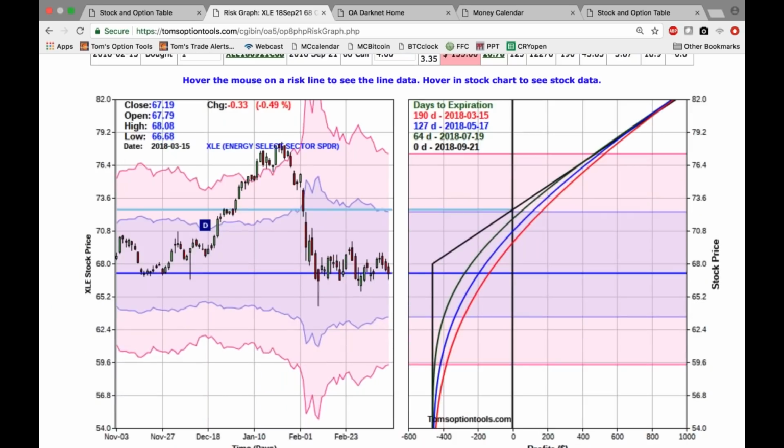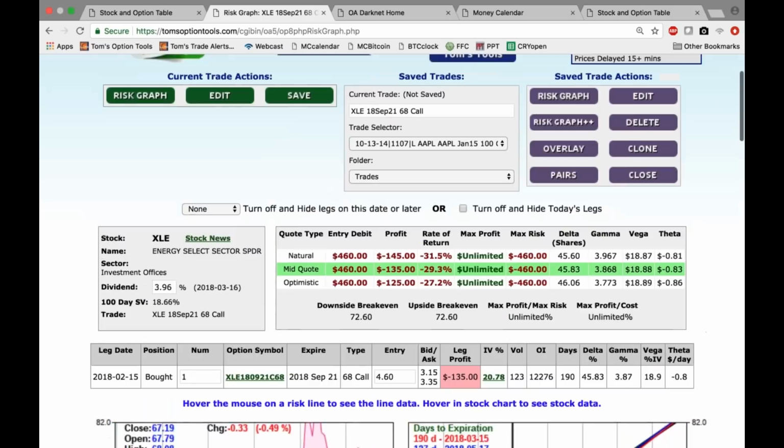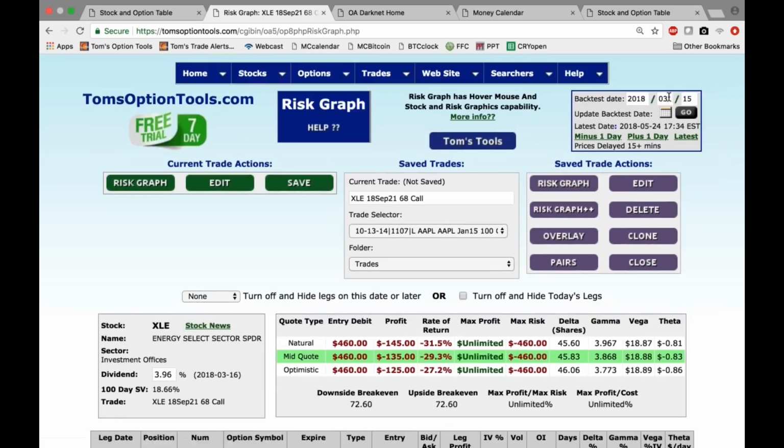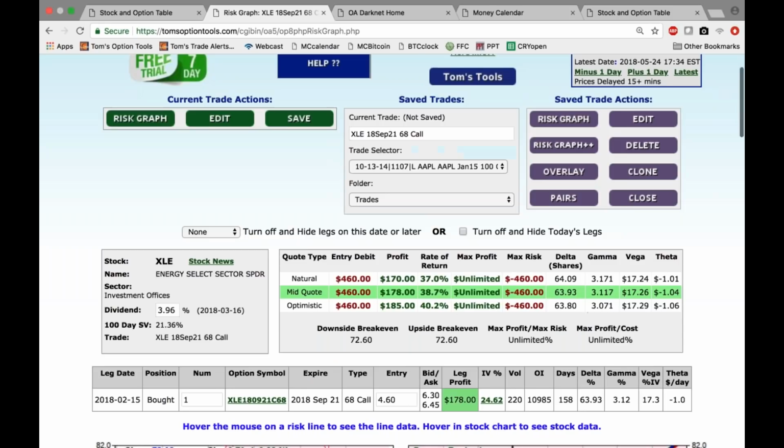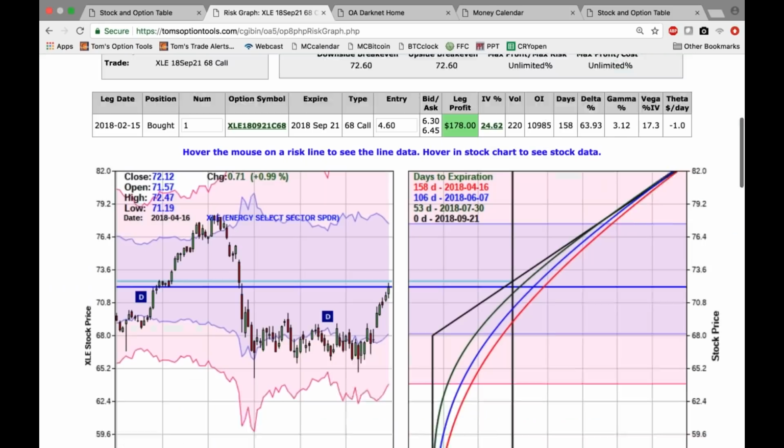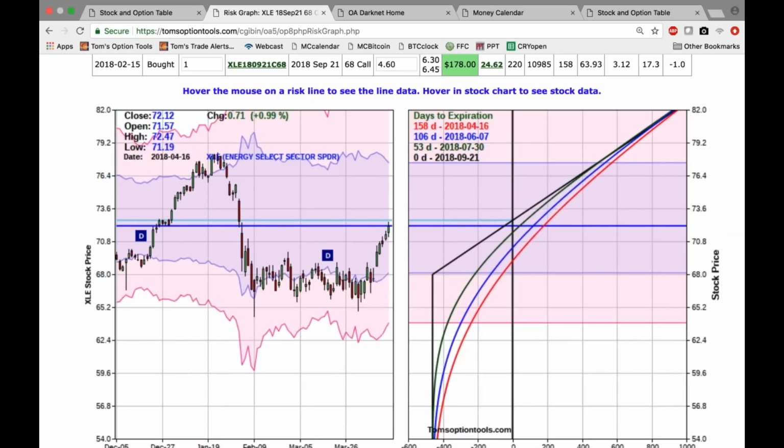This wasn't the horse that came out of the gate like oil drilling stocks did. So that is, again, 3/15. Let's look at April 15th. See what April 15th did. Okay, now we're up $178. Now it's moving in the right direction. Look at the stock. It broke out of this area, this box we were in, and started moving higher.